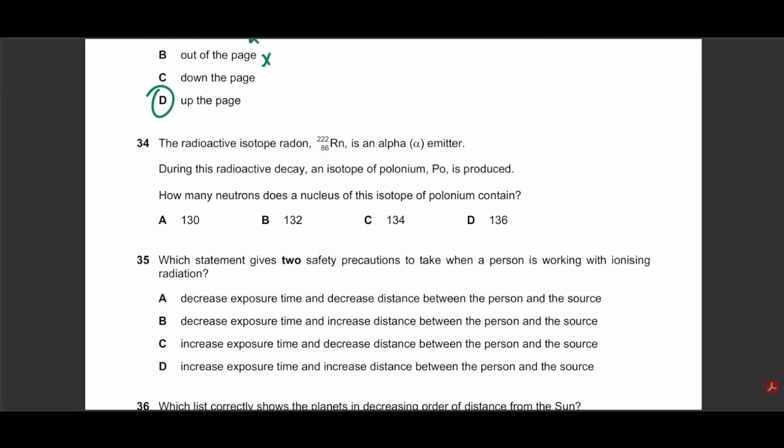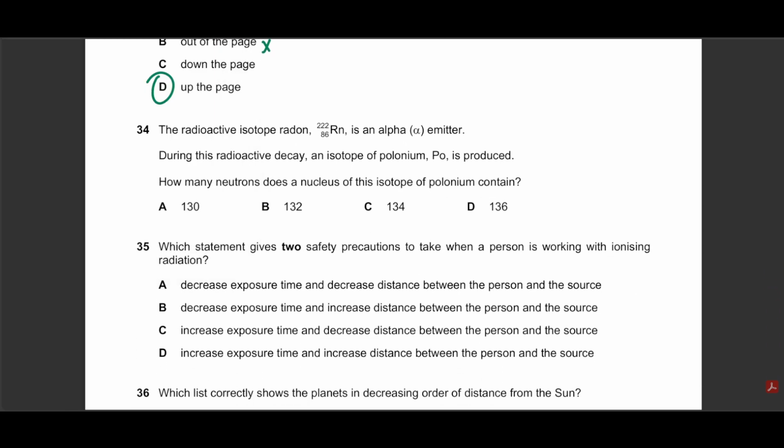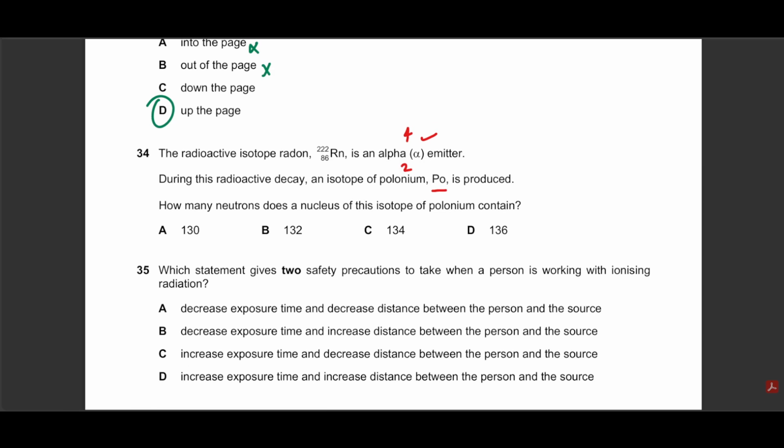34. He says this radioactive isotope is an alpha emitter, which is helium-4, with polonium. How many neutrons does it have? So very straightforward. We can write a decay equation for this. So Rn 222, with atomic number 86, becoming polonium with alpha, which is 4,2.